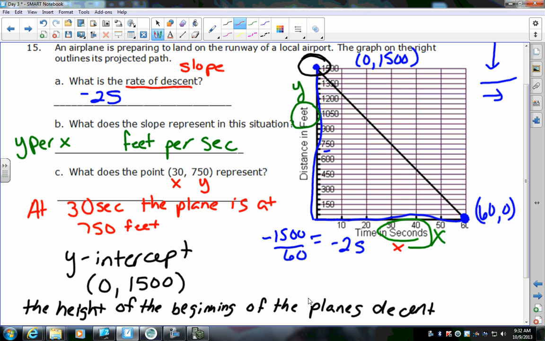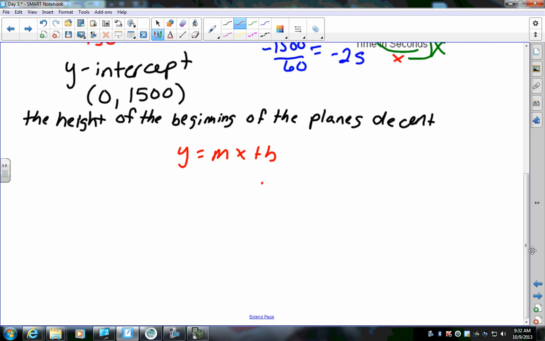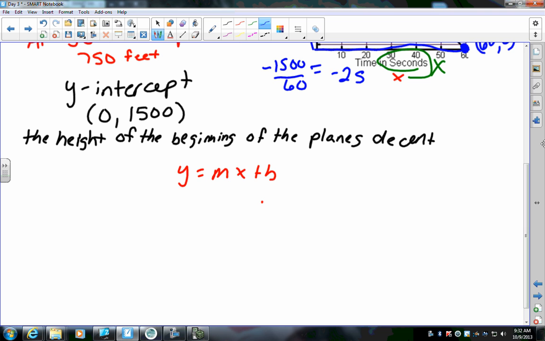Now, if it asked us for an equation, an equation in slope-intercept form is y equals mx plus b. Remember, m is the slope. b is the y-intercept.